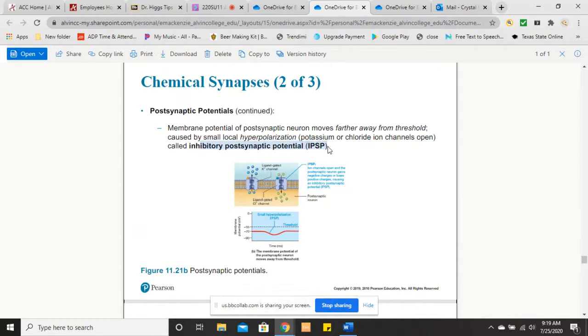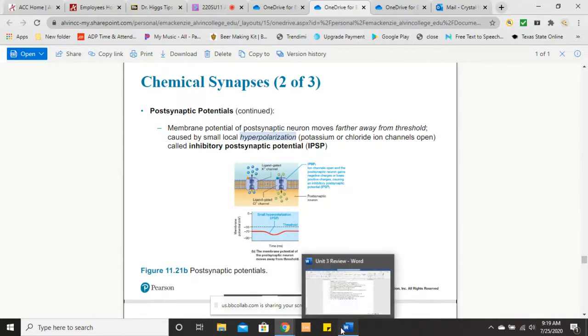How do you get a cell to stop doing something? Well, you cause it not to generate an action potential. How? You keep it from threshold. How? You pull it away from threshold. How? You make it more negative. Okay, you force it into a small hyperpolarization. That is your inhibitory postsynaptic potential. You hyperpolarize, so I pull you away from threshold so that you cannot do something.